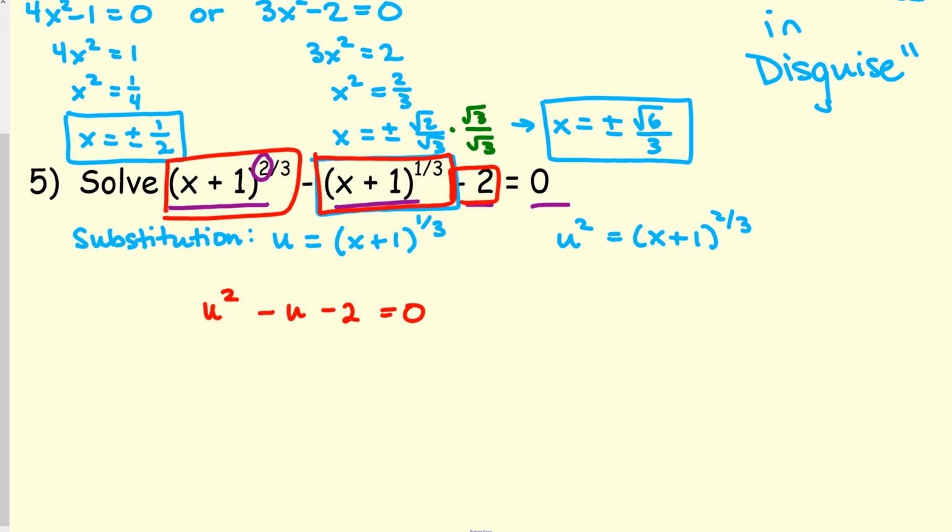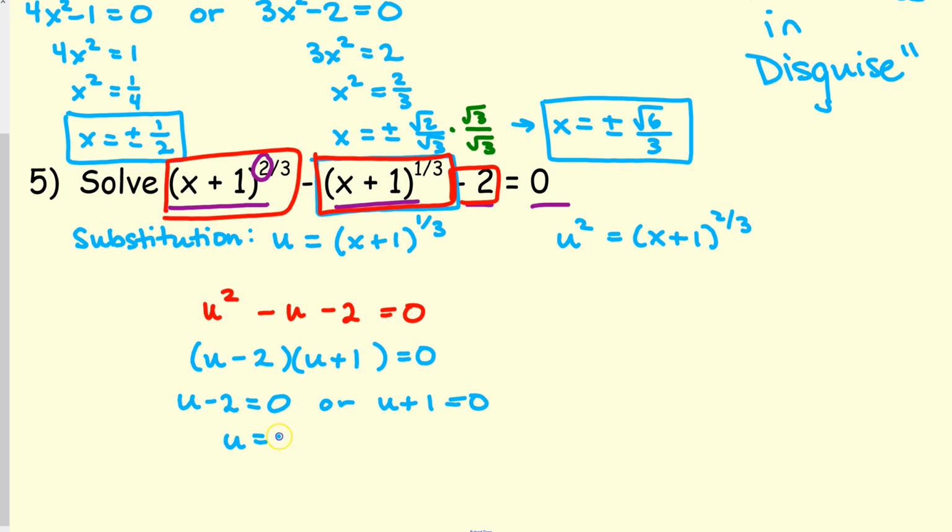And this is a quadratic equation that we can solve. It happens to be factorable, so it factors into u minus 2 times u plus 1, and then we can use the zero product property and set each factor equal to 0. Solve each one. We get u equals 2 or u equals -1.